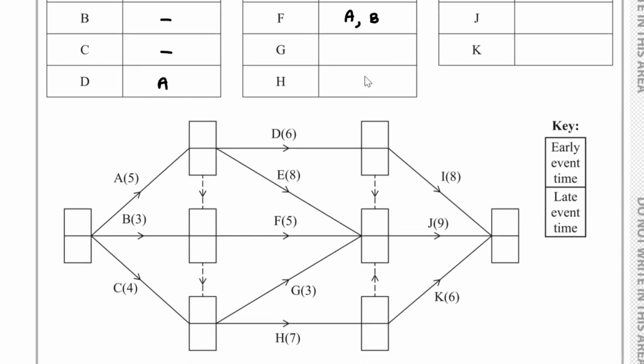Let's now take a look at activity G, that's here. Well, clearly it depends on C completing. It also depends on B completing, and that's shown through the dummy over here.